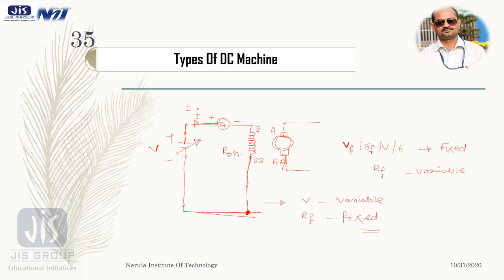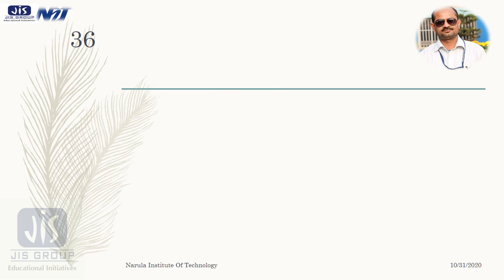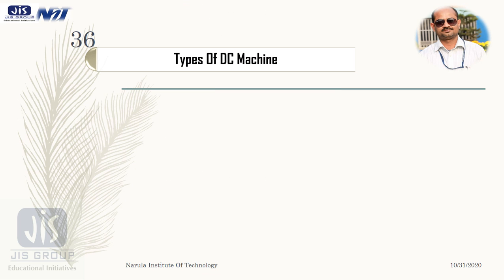Now what is the other option? Both are variable. Okay. So what will be that circuit? So that circuit is, there is a voltage source.